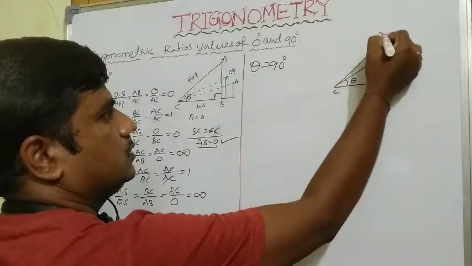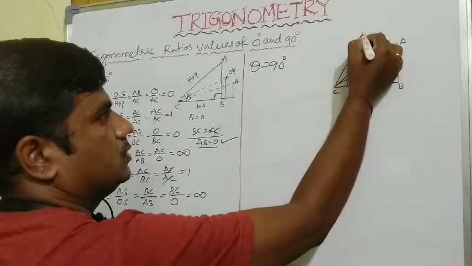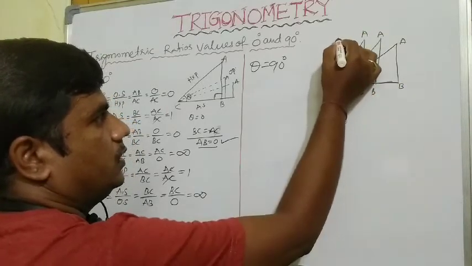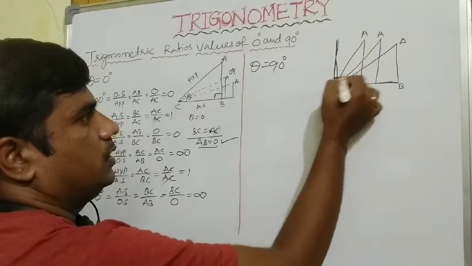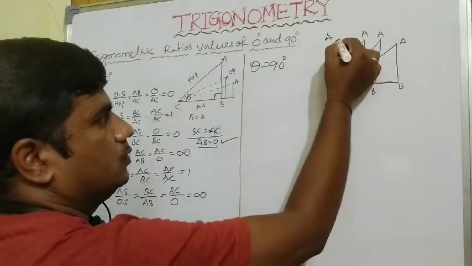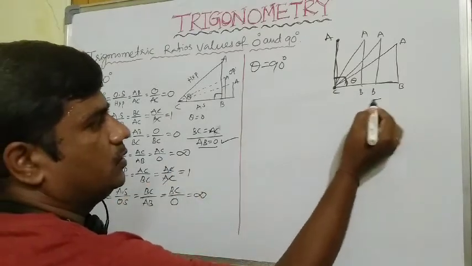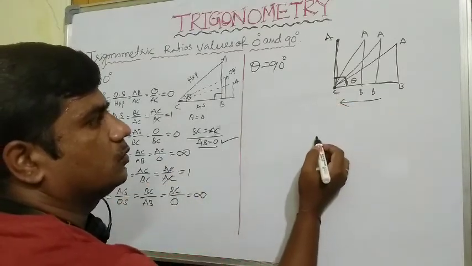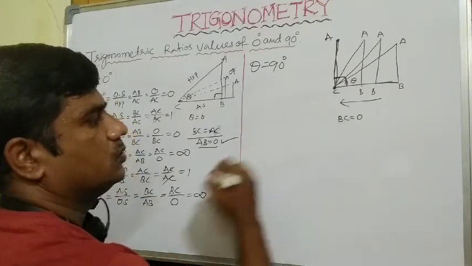So this is A and B. Again this theta value is increasing. So when this theta value is 90 degrees, this A point is here, so this B point coincides with C. B coincides with C, so BC length is equal to 0.